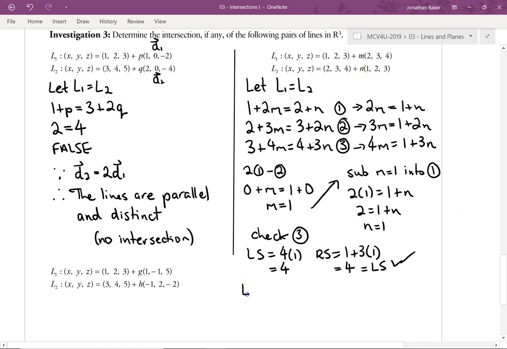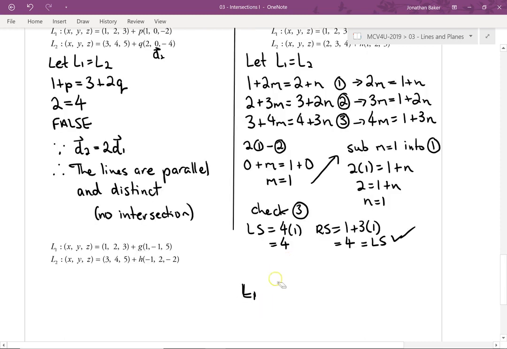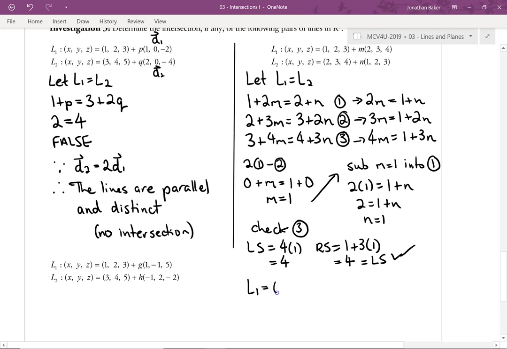So L1 is going to be equal to 1, 2, 3 plus 1 times 2, 3, 4. And it should be obvious already at this point that 2, 3, 4 plus 1 times 1, 2, 3.